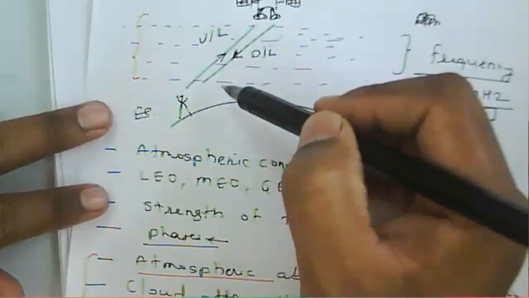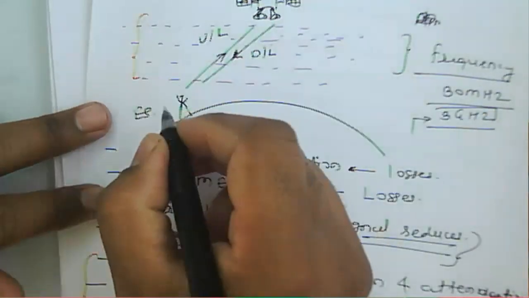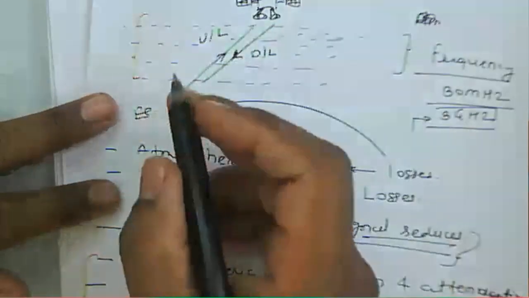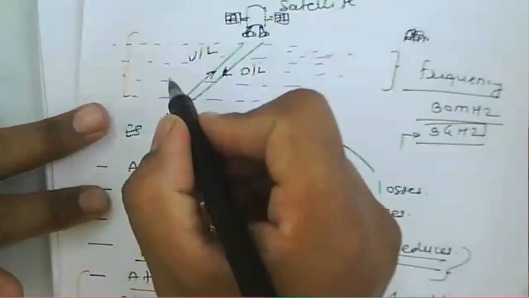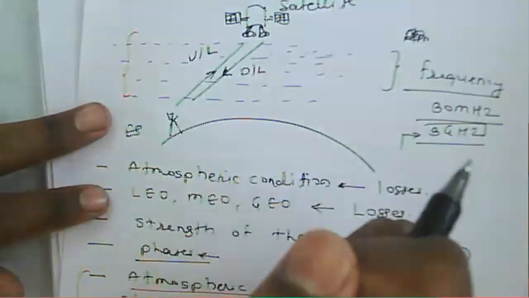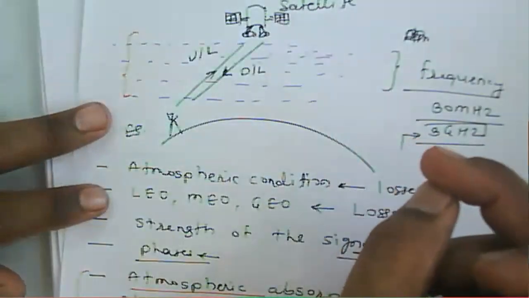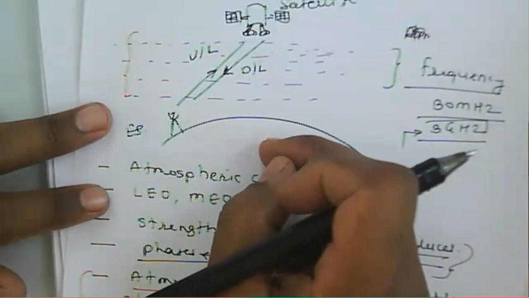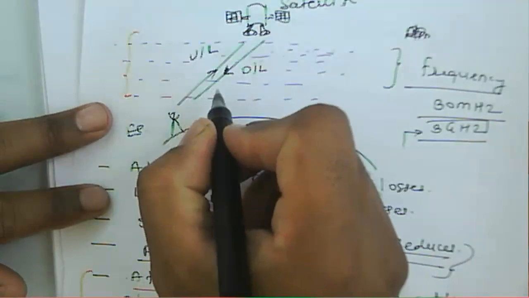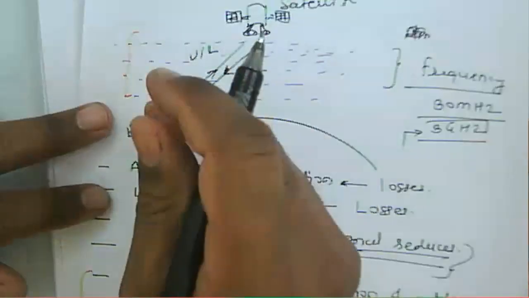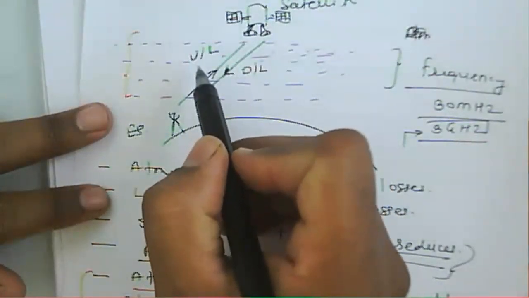So while designing the satellite link for the uplink or downlink, we should know what the power requirement will be, because there may be atmospheric losses at some particular frequency. Because of those losses, signal strength reduces. Because of that, we need to consider it at the time of satellite link design: what level we require for the transmission.